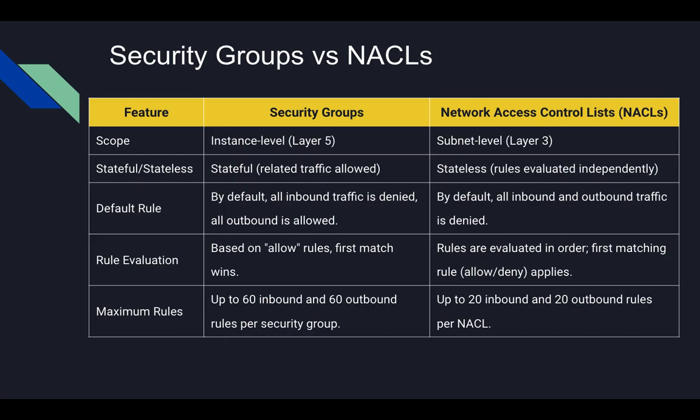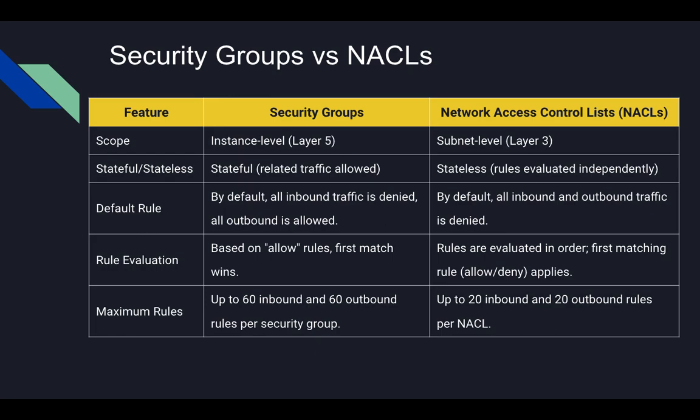This is how security groups are defined. But the network access control list is quite different: all inbound and outbound traffic rules are completely denied by default. You need to enable inbound and outbound traffic based on your use case.